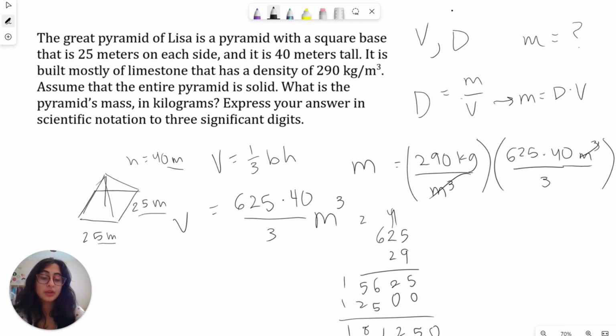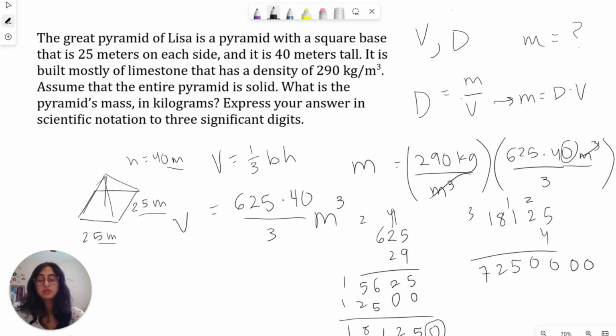Now we have to multiply this by 40, but let's just ignore these zeros and add them in later. For now we can just do 18125 times 4. Doing this, we'll get 72500, and then add these two zeros in at the end. Wow, I just picked random numbers, but they turned out pretty nice.